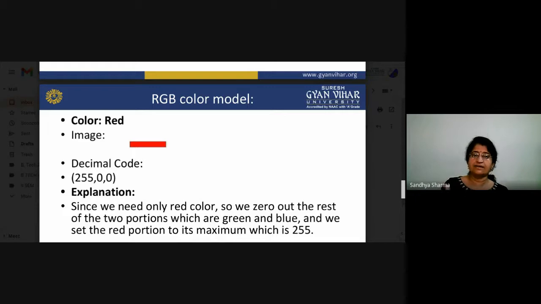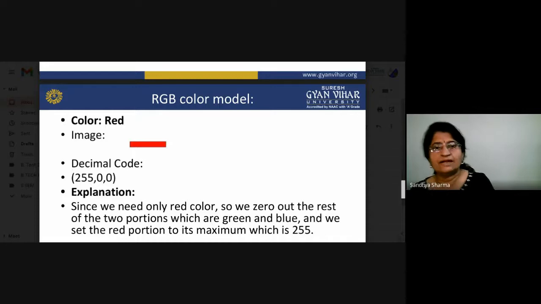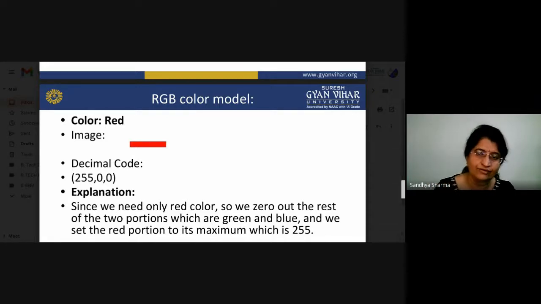So G and B should be 0, but R should be the highest value because you want to represent the red portion. So the value of your red portion is 255.